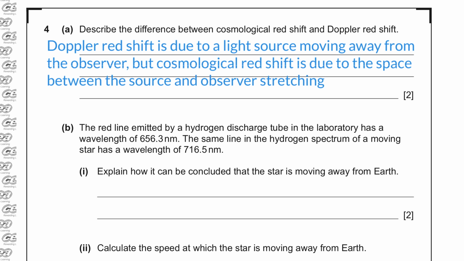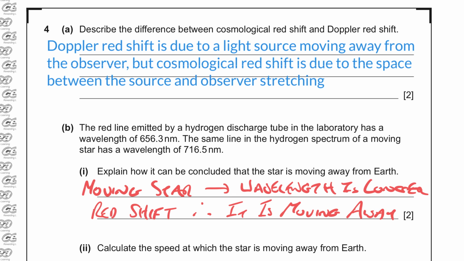Explain how it can be concluded that the star is moving away from Earth. So we've got clearly a longer wavelength in the moving star. That is a redshift, and that means it's moving away. So you need to go through a sort of an argument about what's happening there.